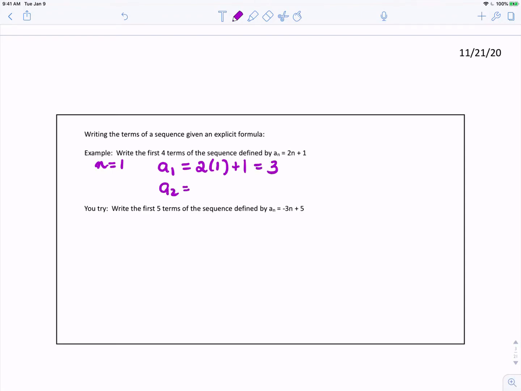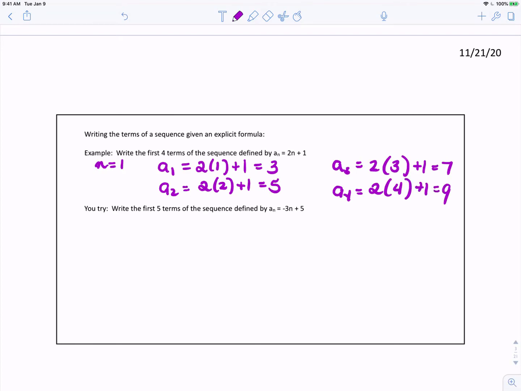A sub 2 would be 2 times 2 plus 1, 5. A sub 3 would be 2 times 3 plus 1, 7. And a sub 4 would be 2 times 4 plus 1, 9. And so the first 4 terms would be 3, 5, 7, and 9.